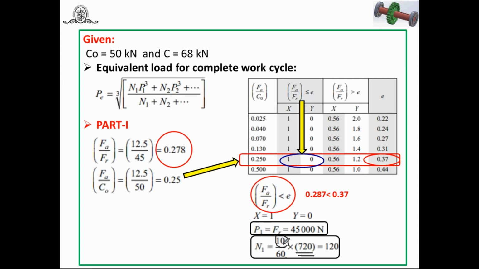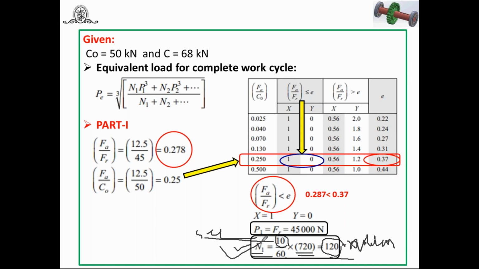The revolutions per second, and the seconds get cancelled. N1 you will get is 120 revolutions. So we have calculated it for the 10 seconds of the first part, where the bearing rotates at 720 RPM. RPM converted into RPS, seconds get cancelled, you get revolutions.